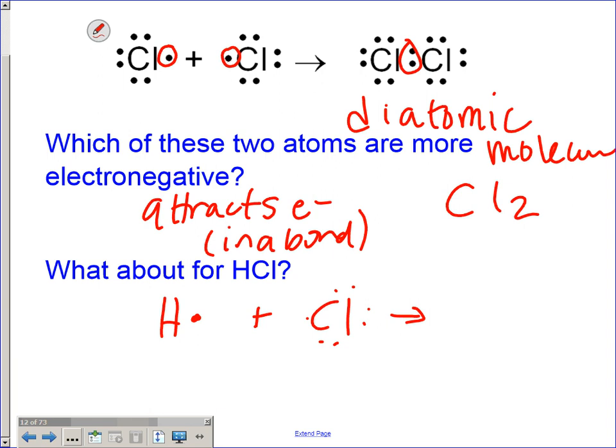Jillian, what do you say here? The H is what? Oh, covalent. This is covalent. So backtrack. This is covalent, right? Non-metal, non-metal. So what would you say here?